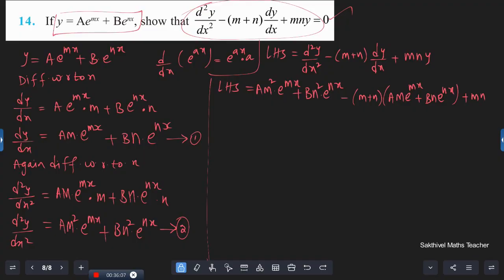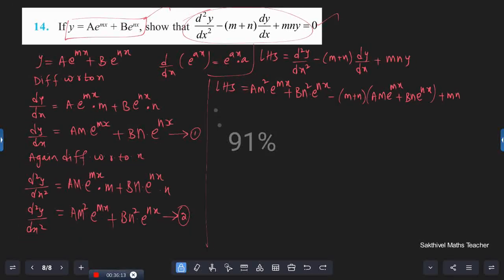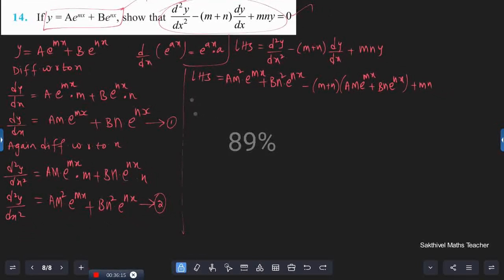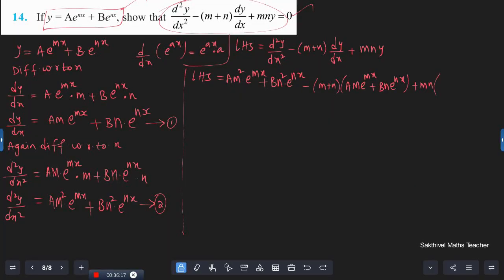And y means the question: a e power mx plus b e power nx. That's it. You have to simplify, and after simplifying you should get 0. This is not a problem.